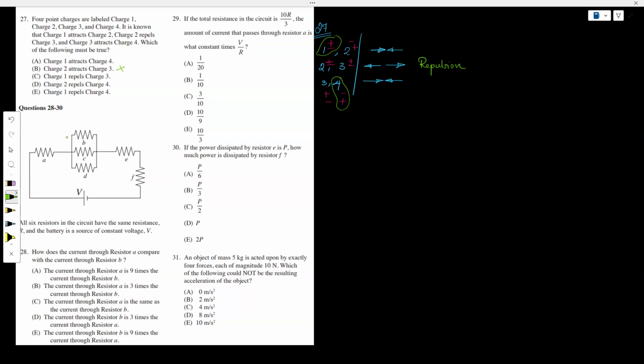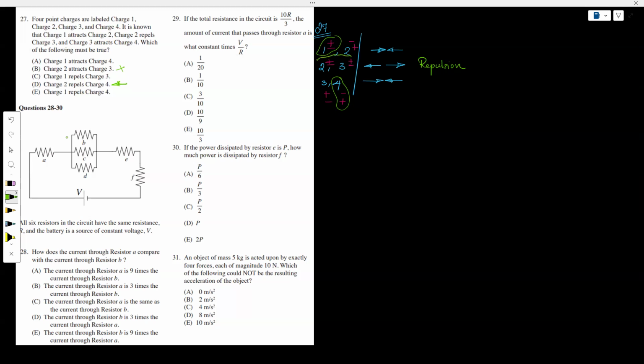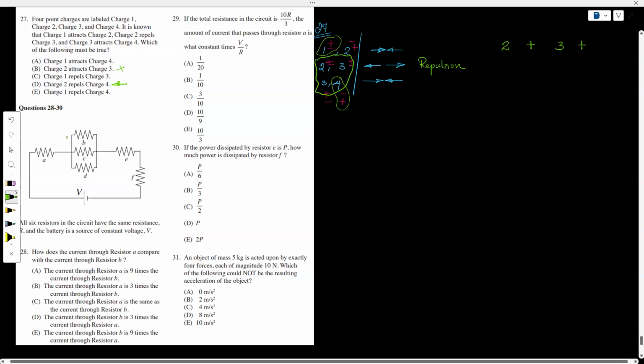All right, so let's think about this D. Because for the first one, the problem is we do not know whether charge 1 and charge 4 are positive or negative, because we don't have any correlation between 1 and 4, right? But for D, charge 2 and charge 4, we can take these two scenarios and compare. So when 2 was positive, 3 would have been positive as well.